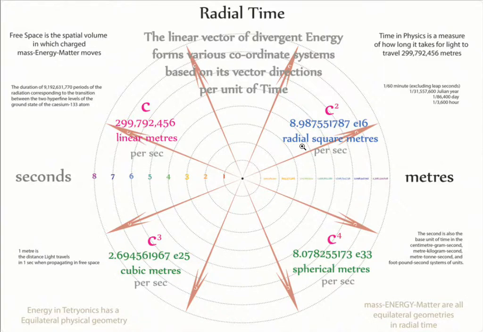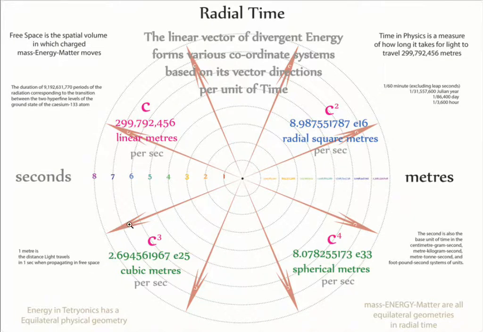Again, you can see in this case that we have a measurement of radial square meters per second as opposed to equilateral square meters in the case of the energy itself. So measurements of mass energy within units of time produce equilateral geometries per radial measurement of time.